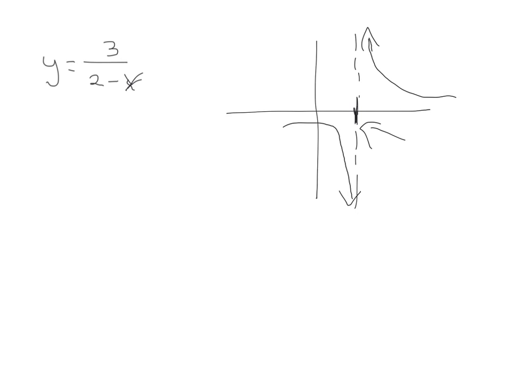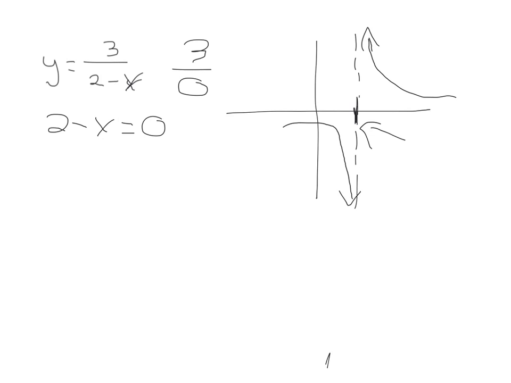And so in that case, the only way we can get something being undefined, if it's a rational function like a fraction like this one, is if we have it over 0. And so what we need to do is consider the denominator, it's 2 minus x, and have a look at it and think to ourselves, is there any value that I could put in there for x that's going to give me an overall value of 0 in the denominator?